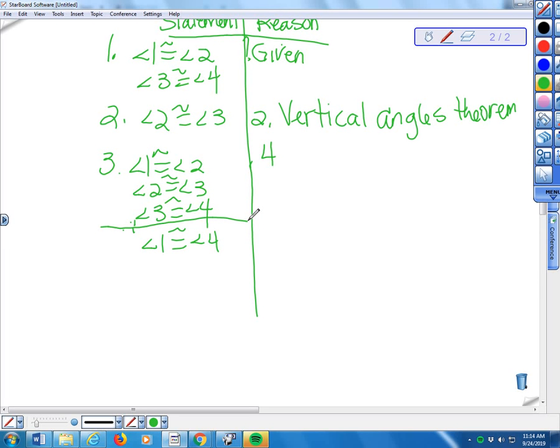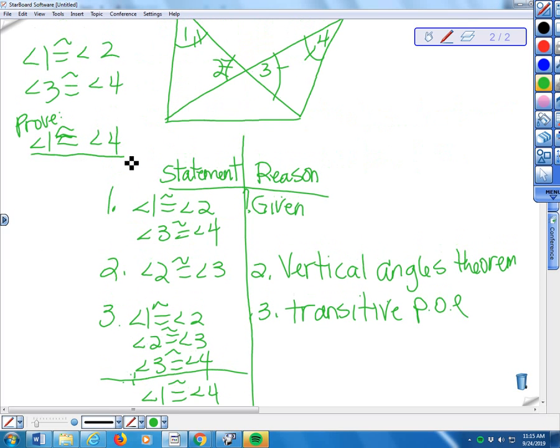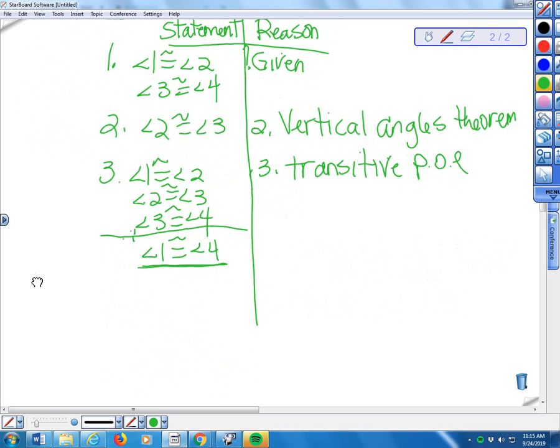Yep. Okay, this was what I was supposed to prove. Remember, the last statement is always what you were supposed to prove, and I just did that. So I'm done with that one. I already did, transitive property of equality.